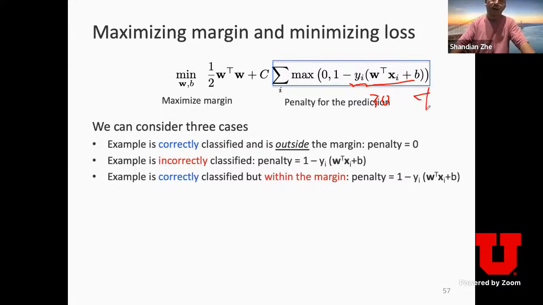In this case, although you can correctly classify this example, it is too close to the hyperplane. Then 1 minus some value smaller than 1 is still positive. So the maximum between 0 and this term will still be 1 minus yi w transpose xi plus b. It implies that even in this case, you still receive a penalty, and the penalty is 1 minus yi w transpose xi plus b.